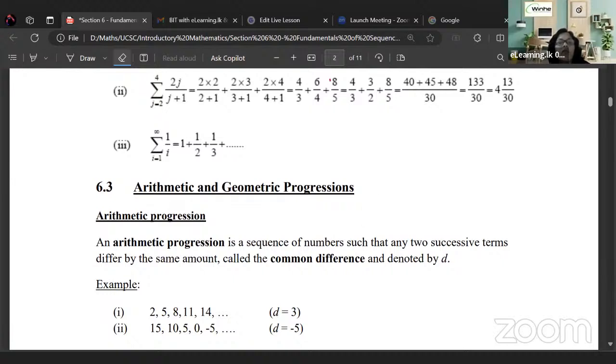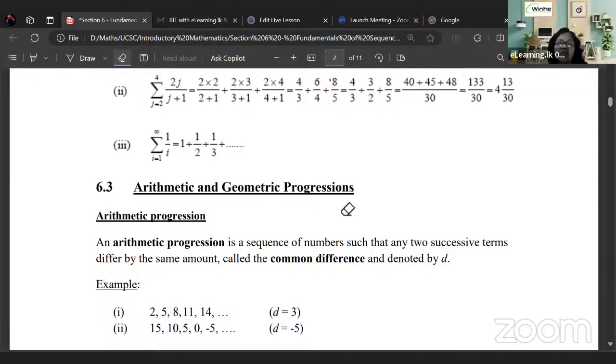Right. Now we look at arithmetic and geometric progression. First, we will look at the arithmetic progression. So, arithmetic progression is a sequence of numbers in which, if you consider any two successive terms, the difference between those two successive terms is the same.